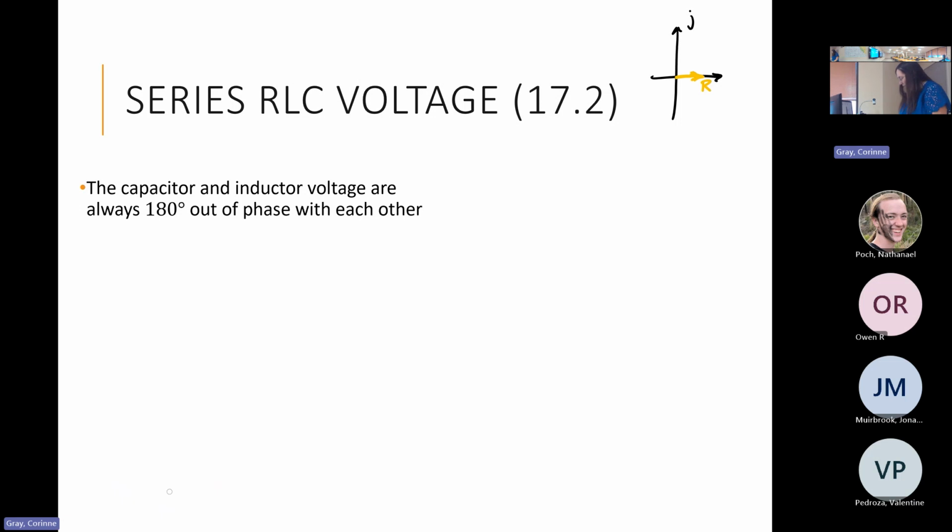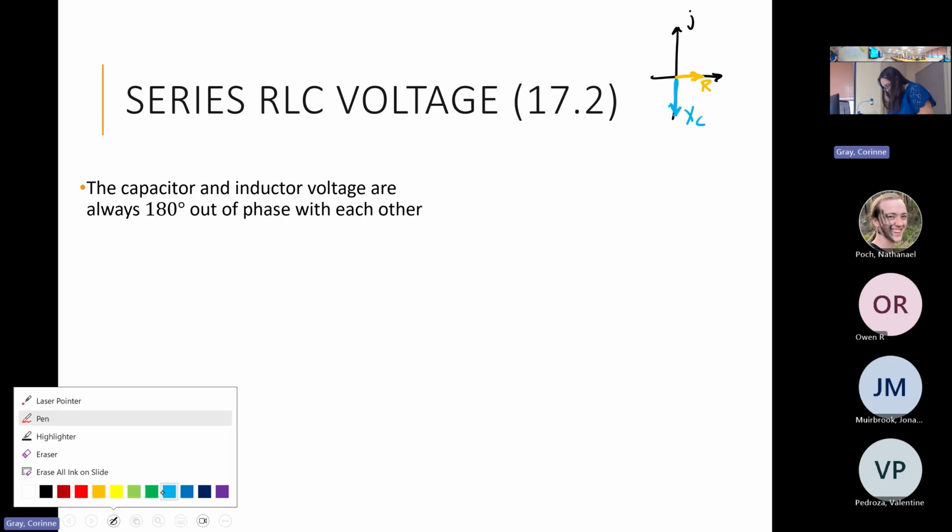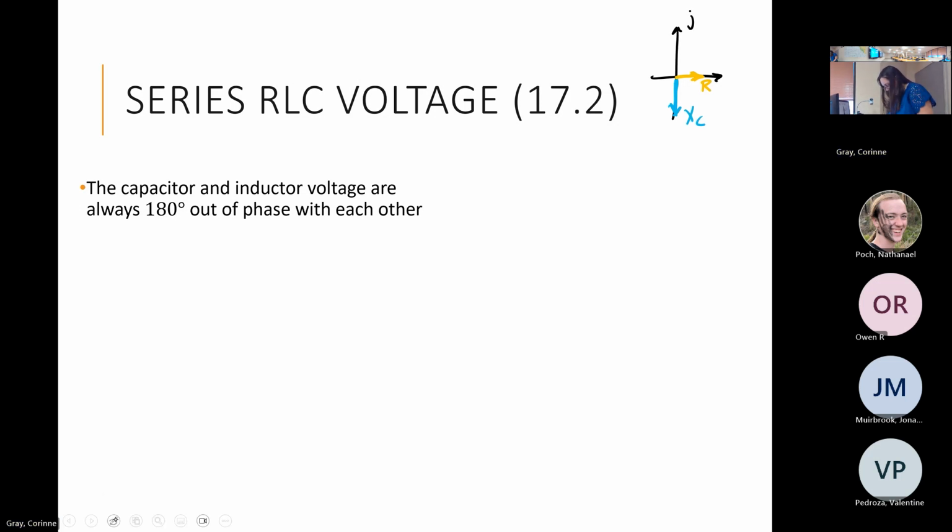If we're thinking about our capacitor, which we dealt with next, that was down here, that's going to be our XC. And then for the inductor, it's going to point up here, XL, 180 degrees with respect to one another.